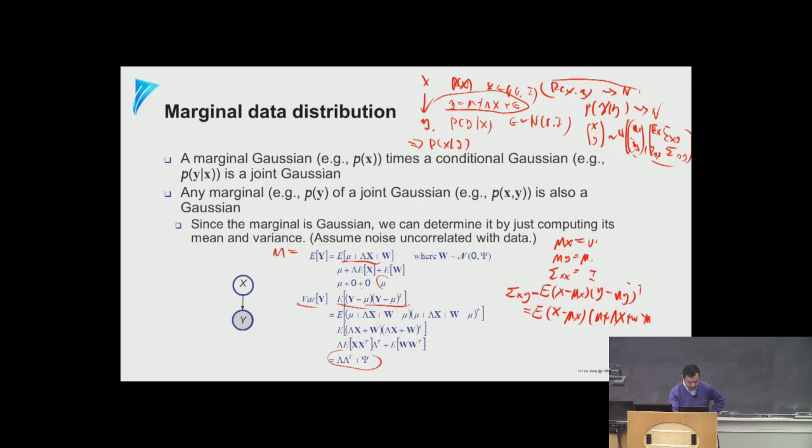Mu y equals mu. Then we have the expectation of x minus mu x, which is 0, so we should just keep it. And the second part is how much? Lambda x, because mu and mu cancel, plus of course a noise.